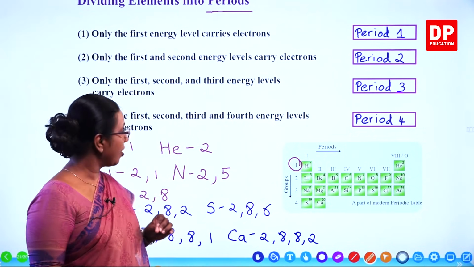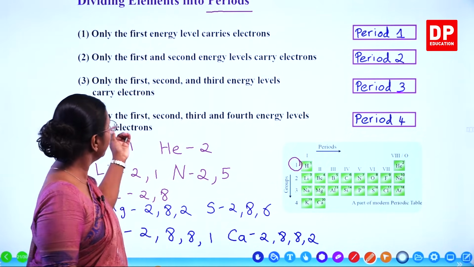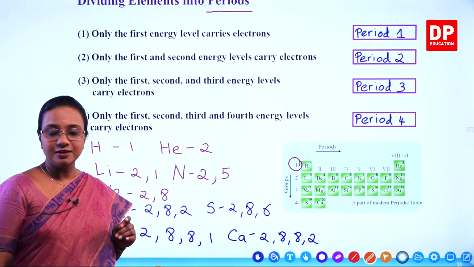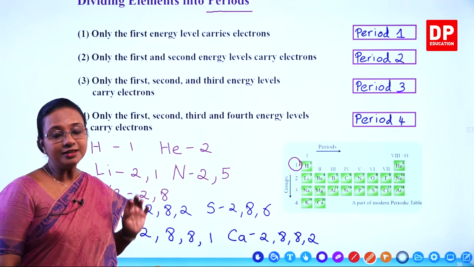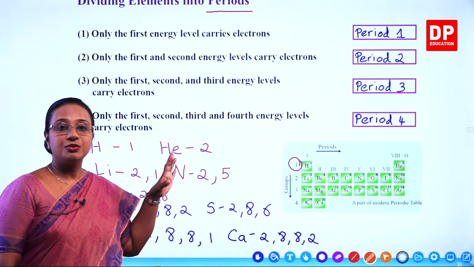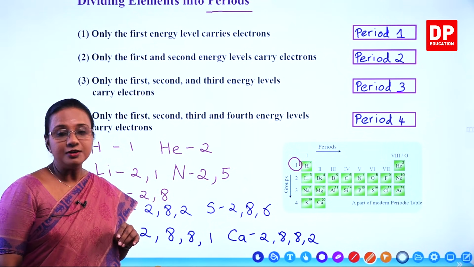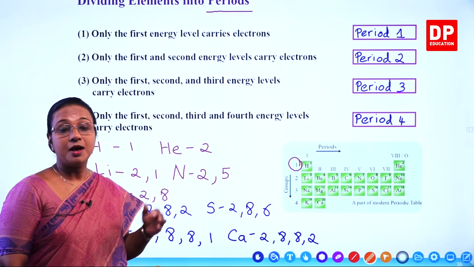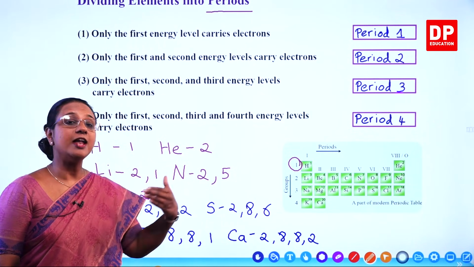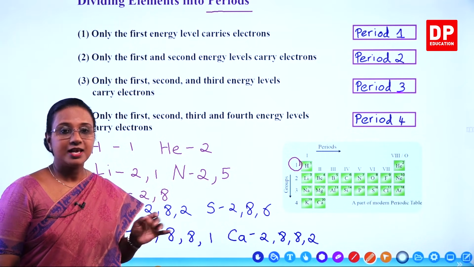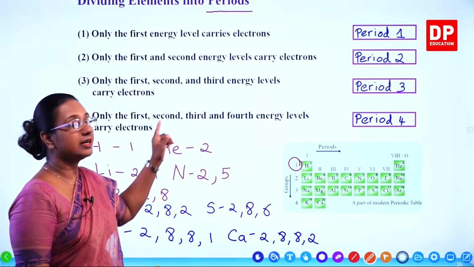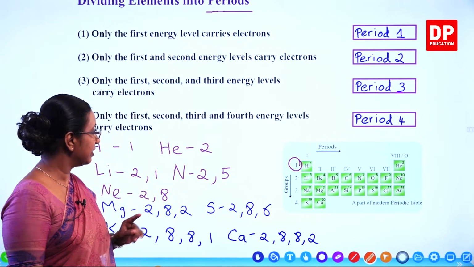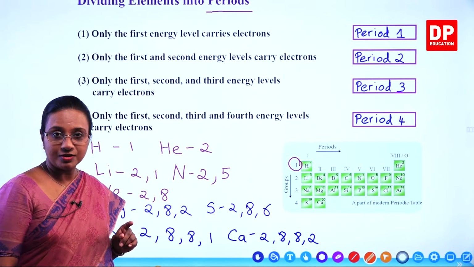Now you might be wondering why we say only the first, second, third and fourth. For us, we are only looking at the first 20 elements. So we are using only the first 4 energy levels. But there are more than 4 energy levels. That is why we have to say only the first, second, third and fourth energy levels carry electrons.